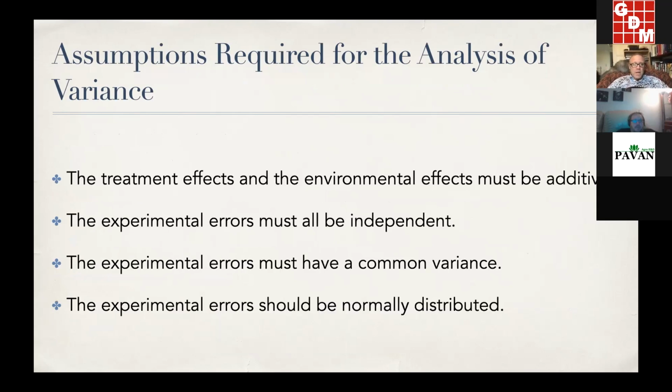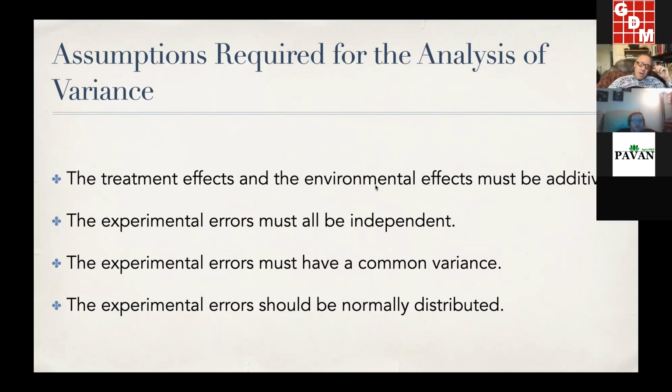Okay. Now, the four things that are assumed about the analysis of variance is that the treatment effects and the environmental effects are additive. And generally, if we randomize appropriately, we will see that this is going to be met, and it's met so often in agricultural trials that we tend to forget about it.